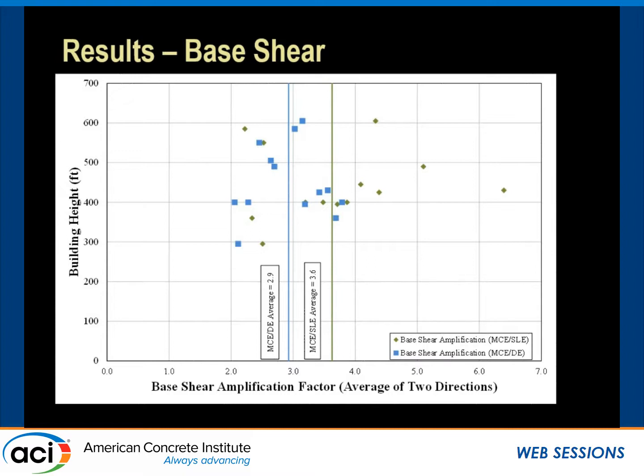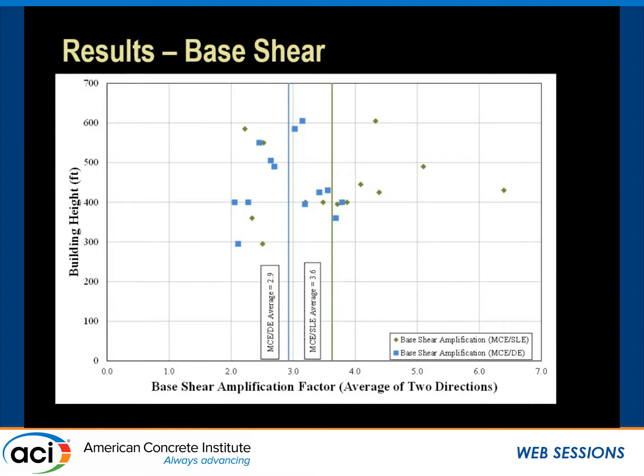One, I'll point out that the DE amplification factor is the blue square, and the SLE amplification factors are the green diamonds. So the first observation here is that there's really no correlation between amplification factor and building height. I mean, maybe we could draw a slight line through here, but I don't think there's any real trend, at least that we observed here, between the amplification and height.